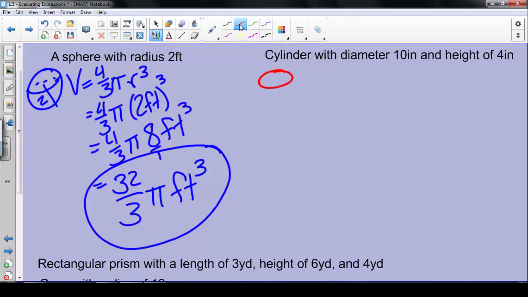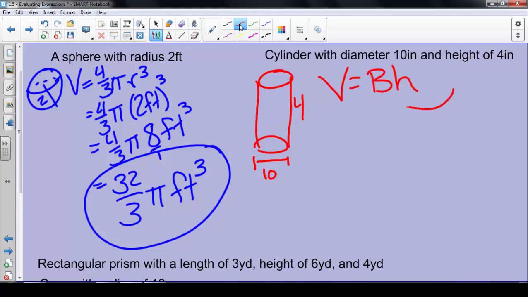Next, if we've got a cylinder, we've got a diameter of 10 and a height of 4. So I obviously did not draw this to scale, but that's okay. The volume is area of the base. So when we have a big B, this is area of the base. And the base is just, there should be two sides that are the same that you could rest it on. Think of it in terms like if you were going to set it on a desk, which side would you place down? In this case, it's a circle.